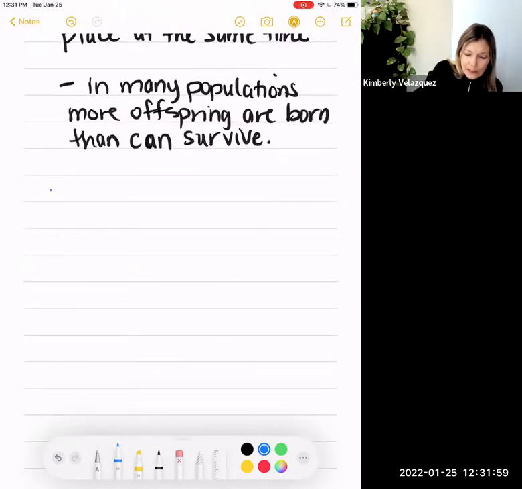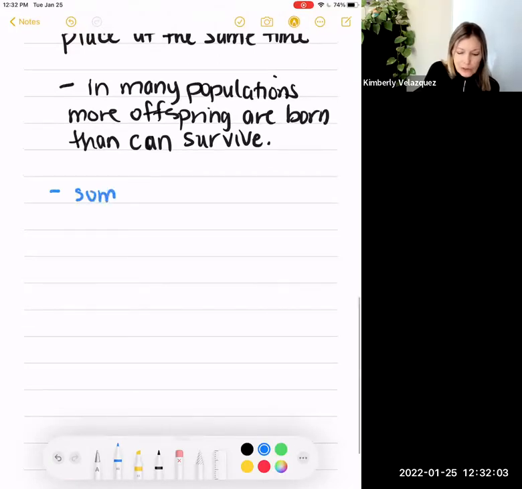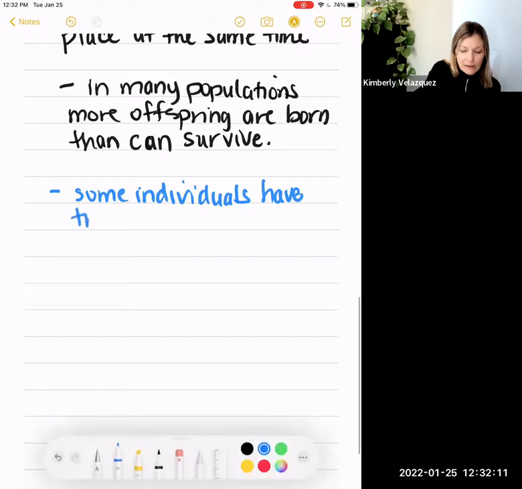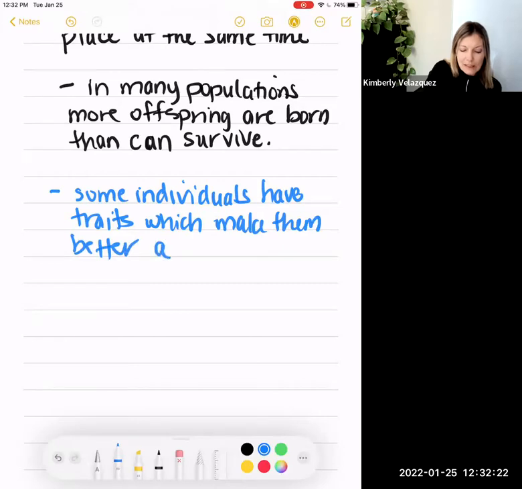So he noted this, and this is really critical. Some individuals have traits which make them better adapted to their environment.